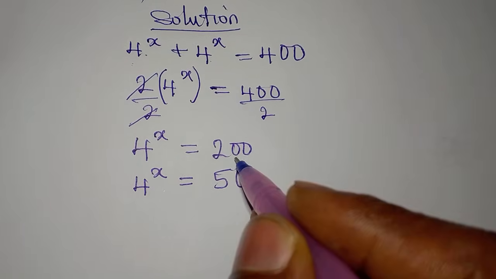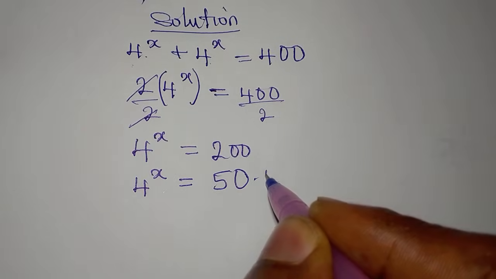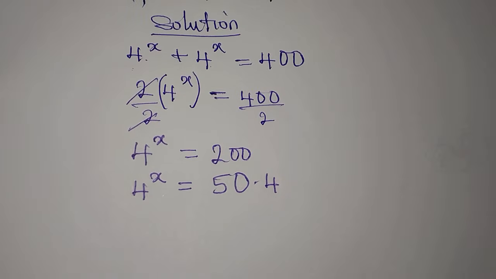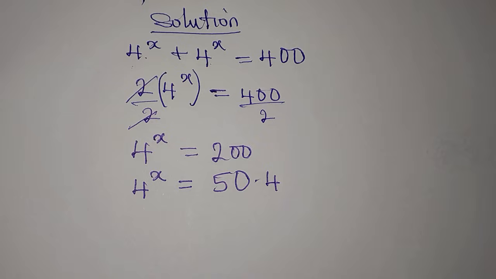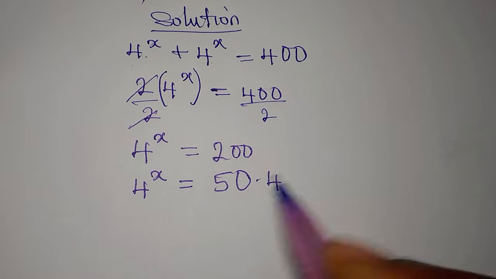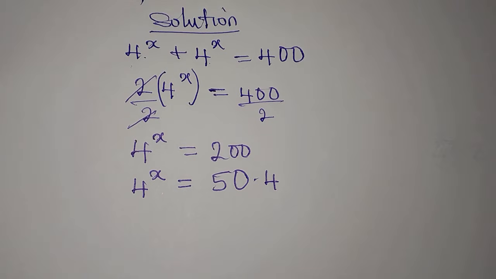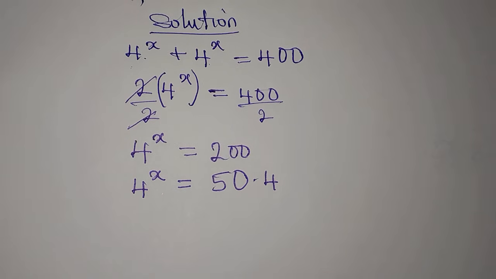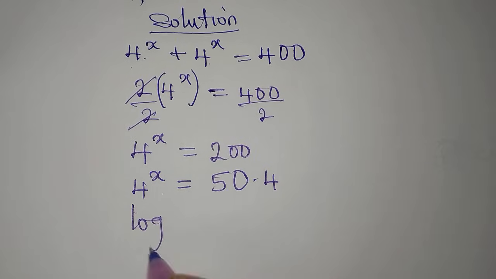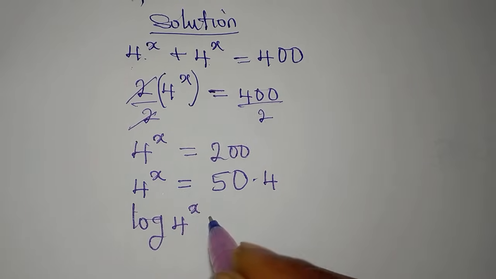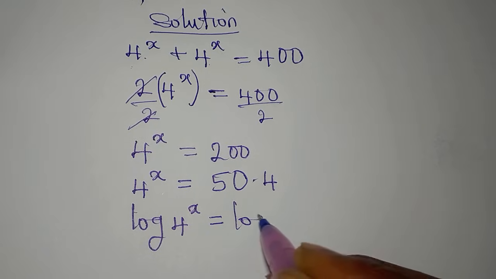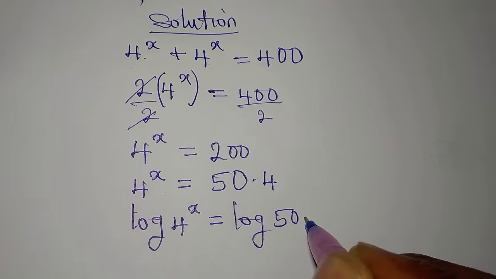So that means 200 is 50 times 4. As simple as it is. So at this point, 4 cannot go into 50 again. So what you will do now is to just take the log of both sides, as we have log 4 to the power of x equal to log 50 times 4.